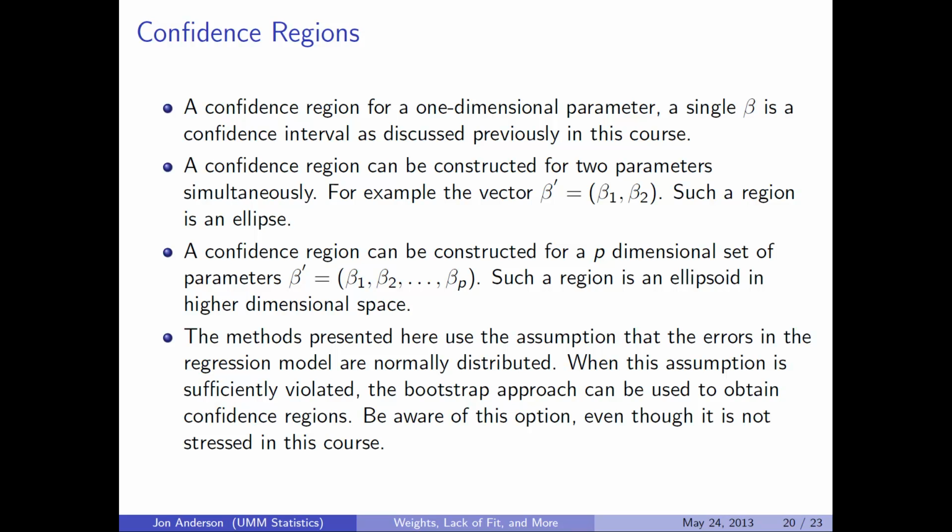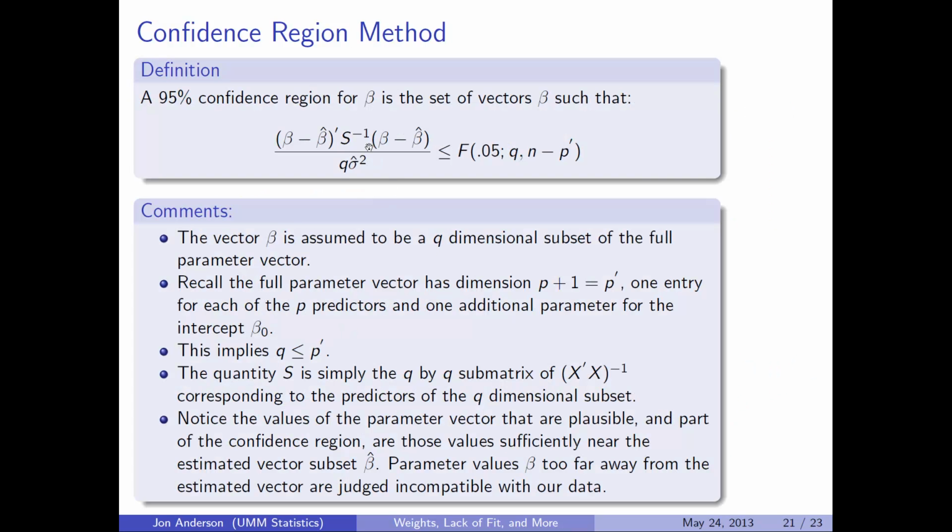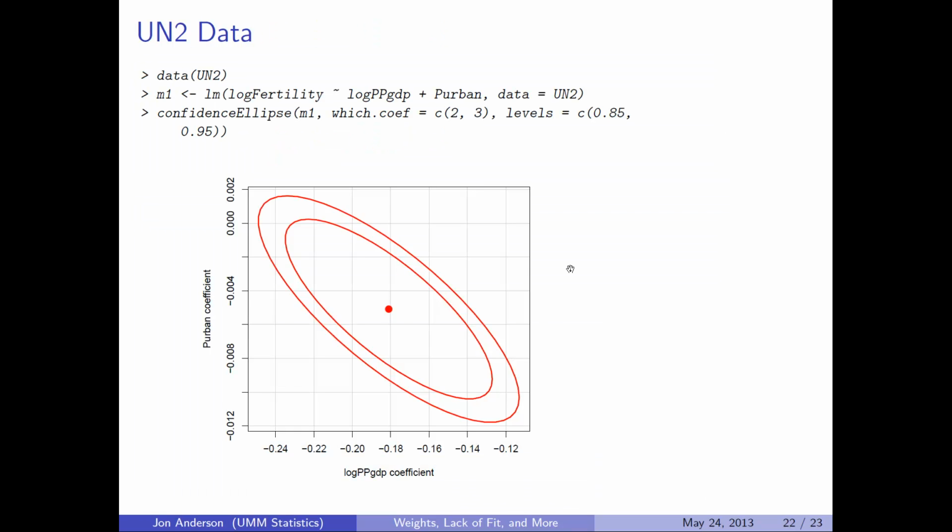You can make a region in space that is likely to contain the true values of the data generating system. This is a very complex formula, but basically it forms an ellipse or some sort of region that is a simultaneous region for reasonable values for the parameters.